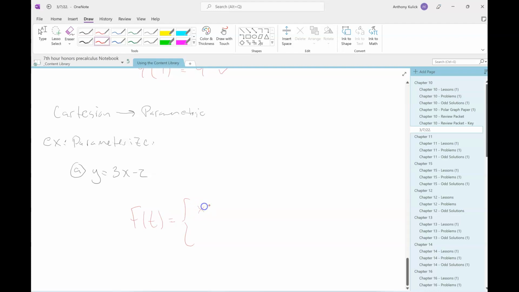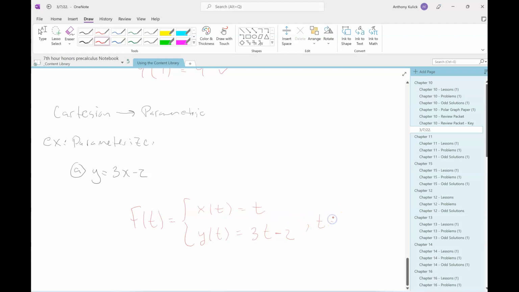So I'm just going to go ahead and set x of t equal to t. If I do that, then y of t has to be just 3t minus 2, the same thing as our function above.